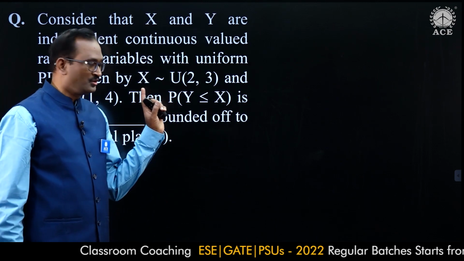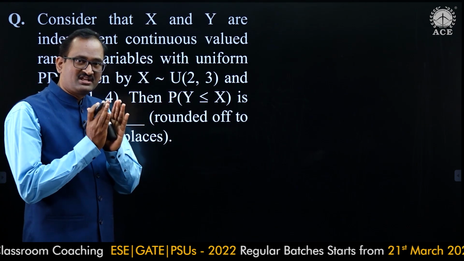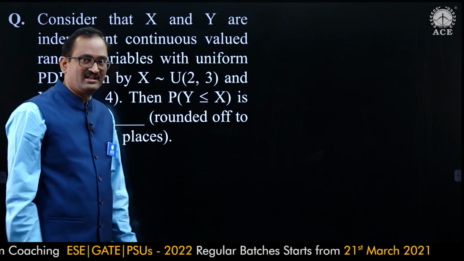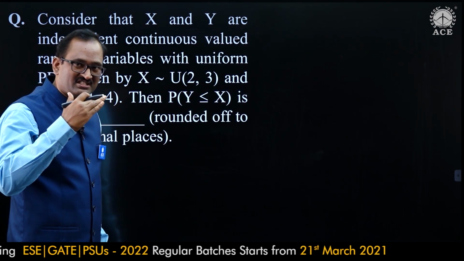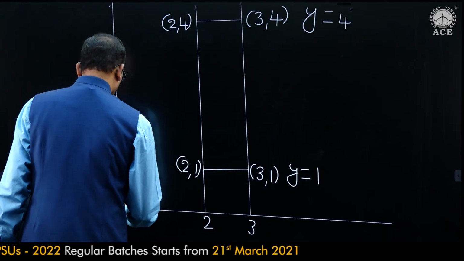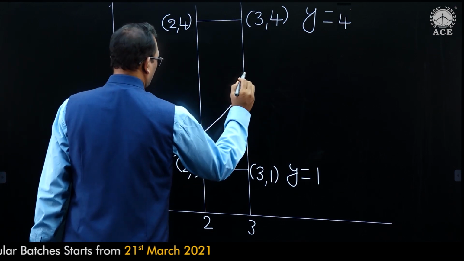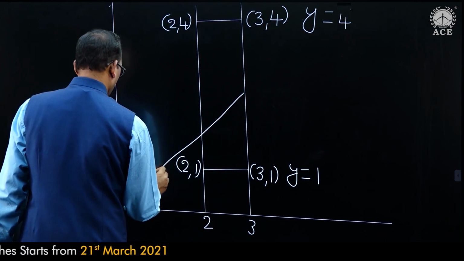First we were asked to find the probability of y less than or equal to x. Let us draw the y is equal to x line. It is a straight line passing through the origin.